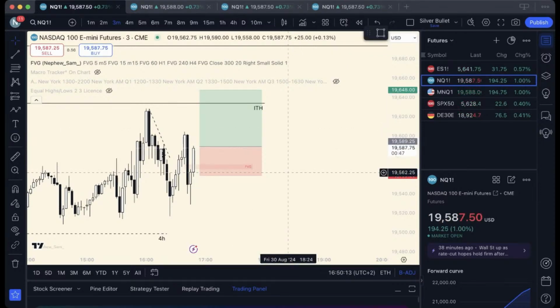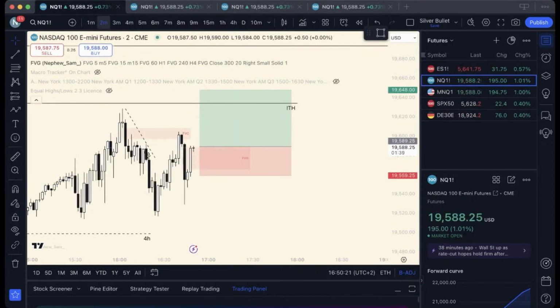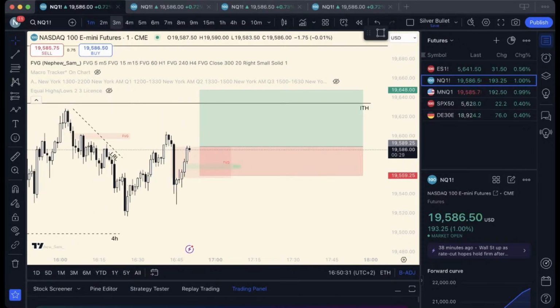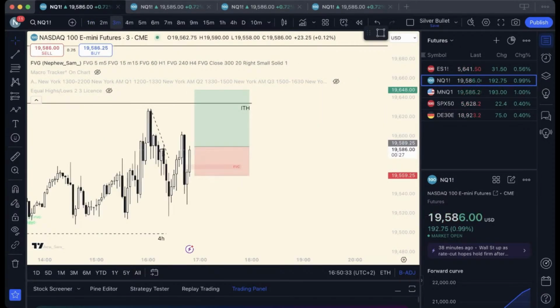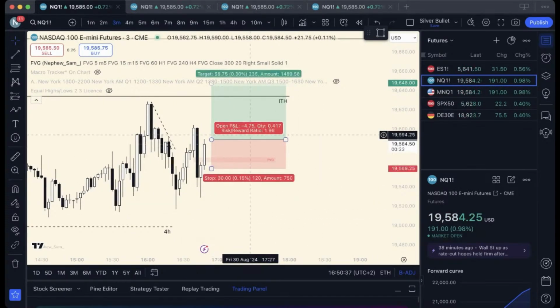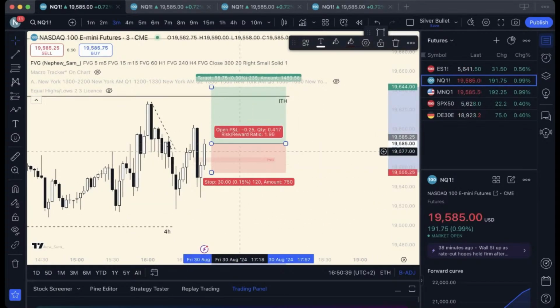I'm willing to take this 3 minute. And same as before, because if we have this death candle and everything gets bought up like that, it's definitely a more bullish sign. So let's see.